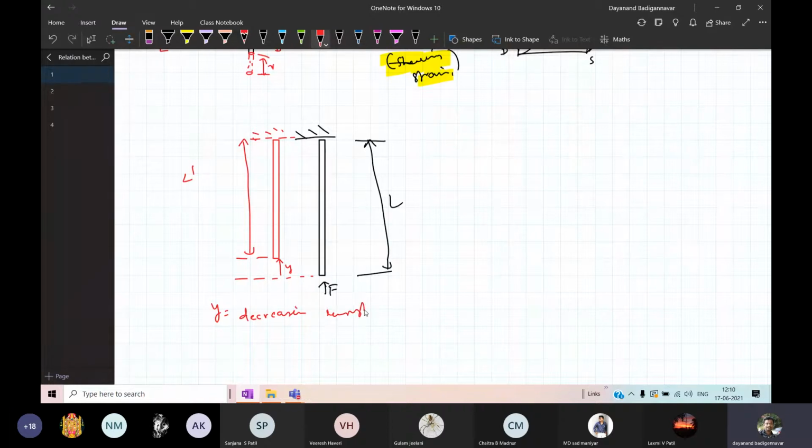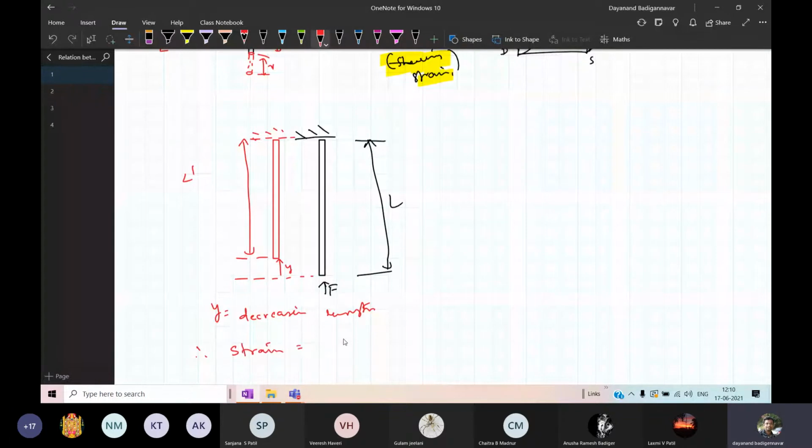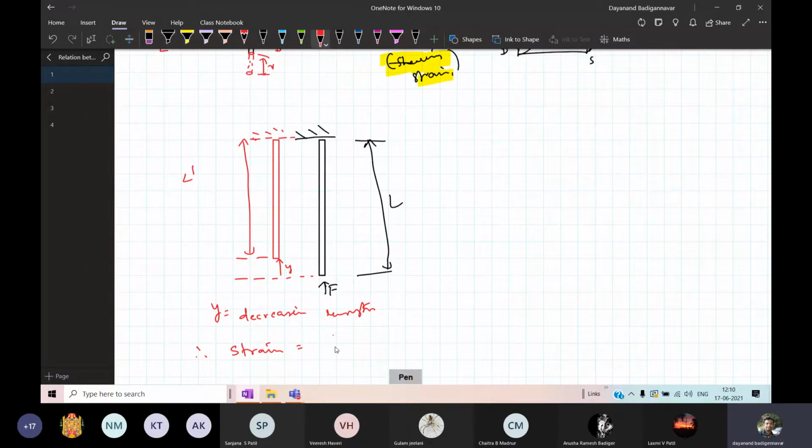Therefore, I can define a strain. This strain is nothing but the change in dimension to the original dimension.